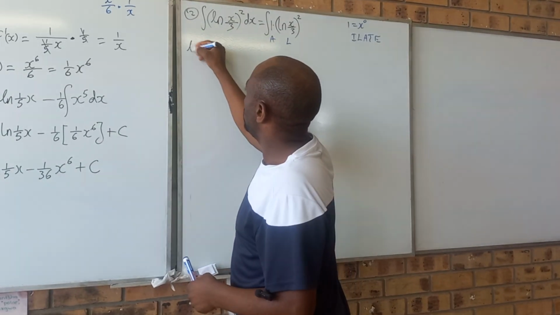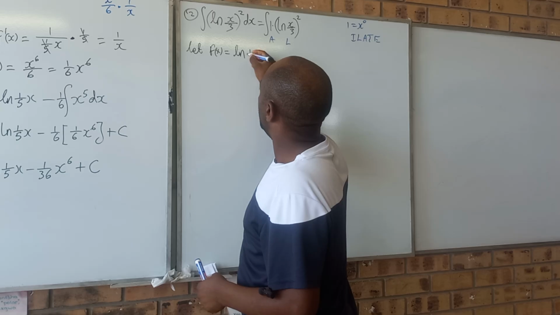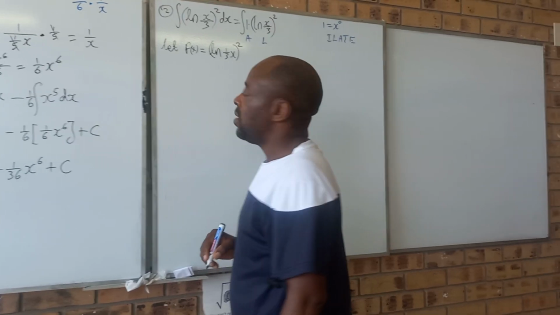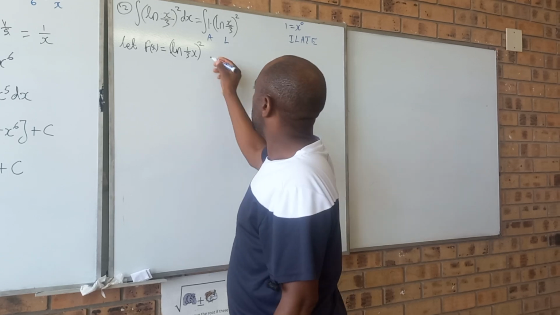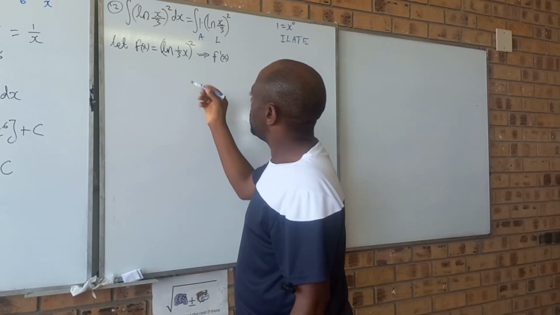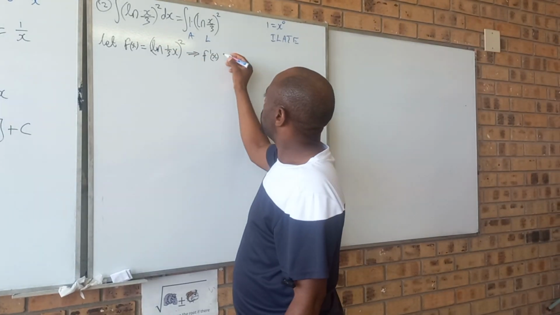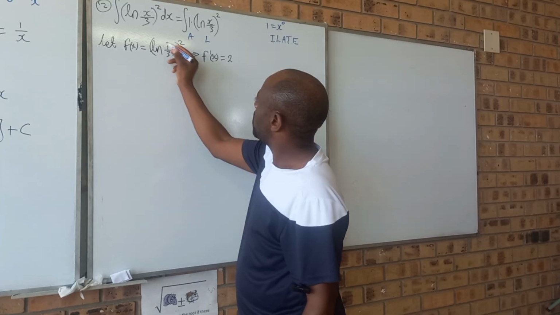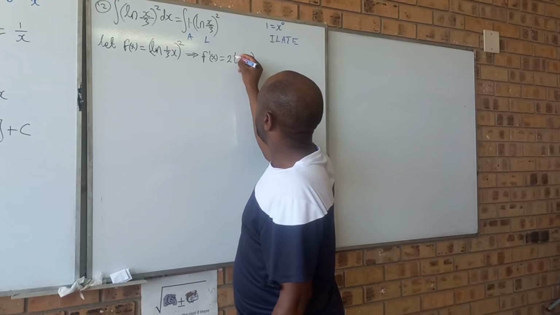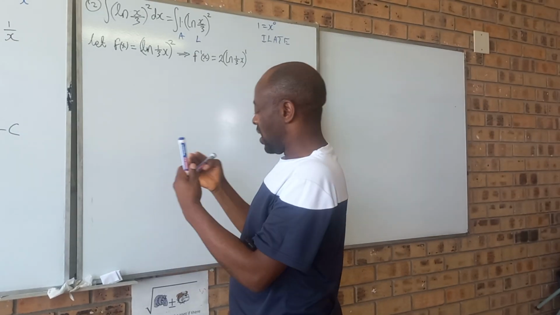So say let our f of x be equal to ln(1/3 x), all that squared. So if that is my f, then to differentiate this, I have to use the chain rule. The chain rule means I differentiate the outside first, where the number goes in front. So I'll write a 2, then I capture the inside and subtract 1 from the power. If I subtract 1 from 2, it becomes 1. Then I get inside.